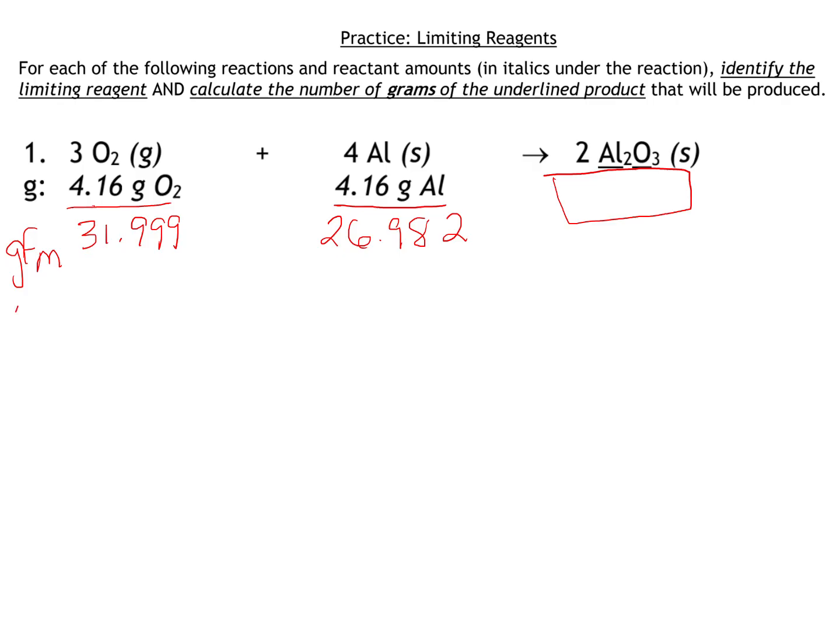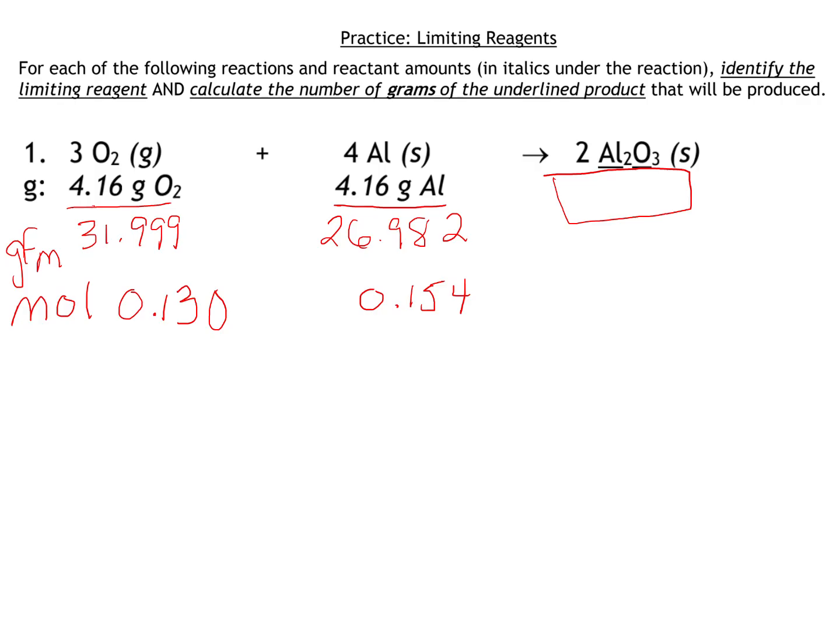Now we've got to figure out our moles. So our moles of oxygen works out to be 0.13. And the moles of aluminum are 0.154. I should say that was a 0.